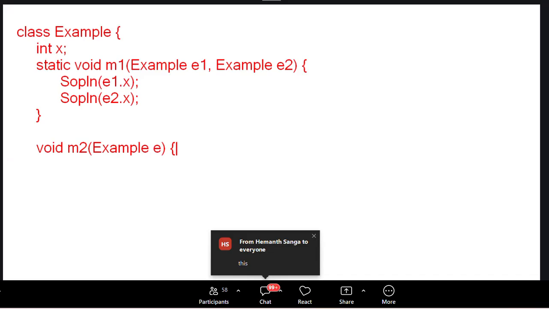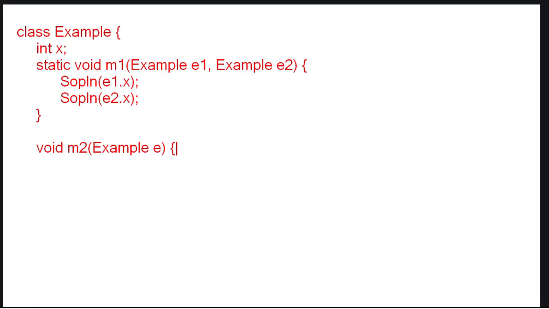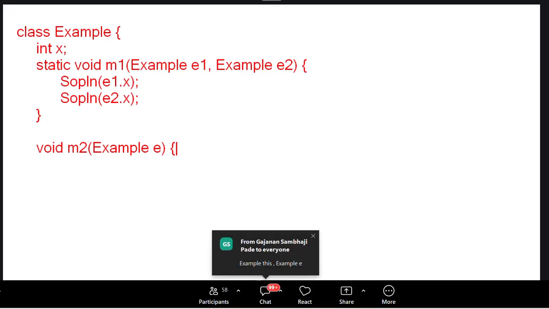What comes after? This is a parameter name. Who will tell the type of the parameter? Example this, comma, example E. Two parameters: example this, comma, example E.